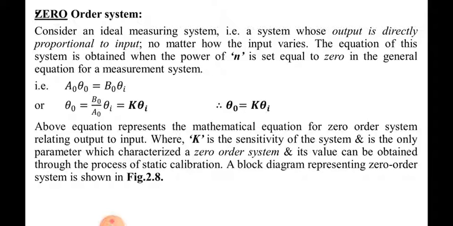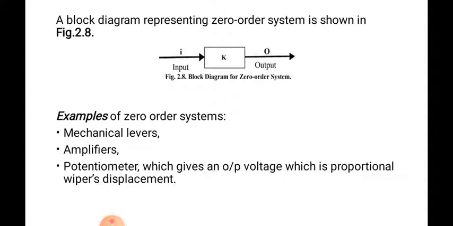A block diagram representing a zero order system is shown in the figure. In the next slide we can see the block diagram, that is theta o equal to b0 by a0 multiplied by theta I, and b0 by a0 is replaced by k, the sensitivity constant. This type of diagram we have studied in the generalized measurement system input output configuration.